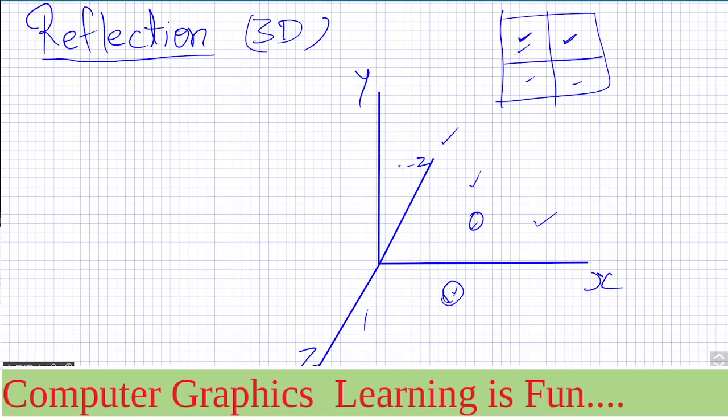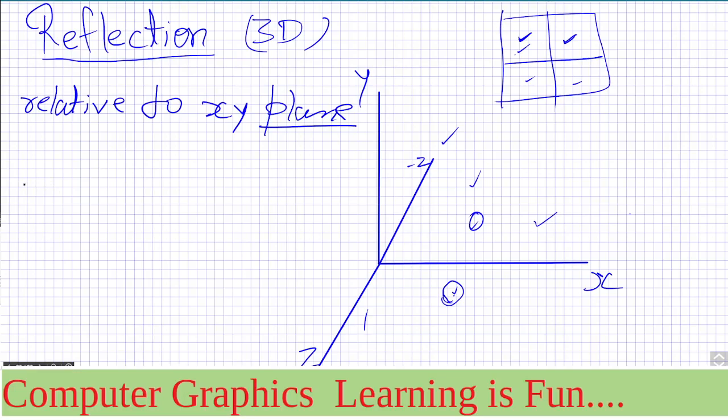Okay. So for this, you have just to understand that z has become minus, right? So suppose I am writing reflection relative to xy plane. Okay, relative to xy plane. So what will happen?